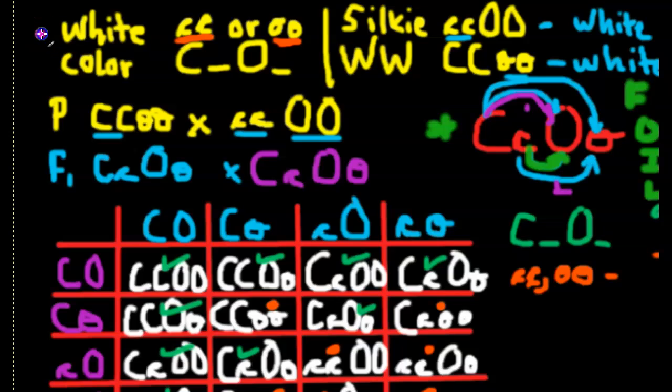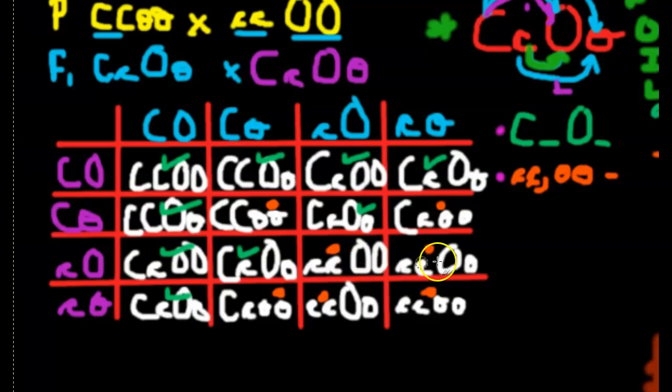So you have this phenotype and this phenotype. So over here we have this one and this one. Dominant one's always going to go first. So first what we're going to do is look through all the F2s and look for all those that have at least one big C and one big O. And I did that, and I put a green check mark by them.